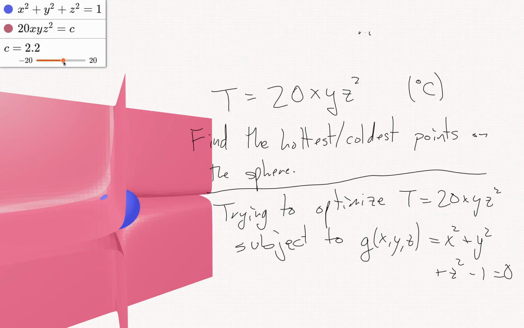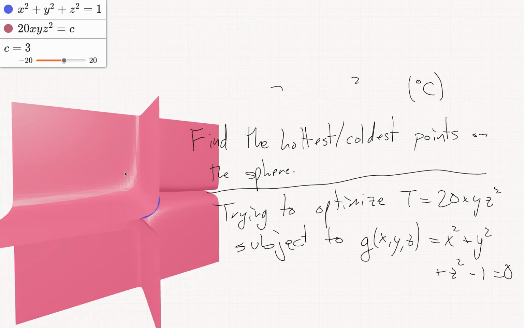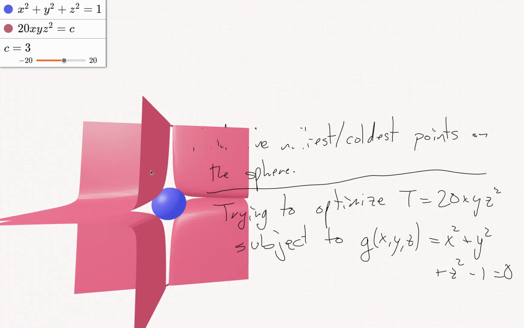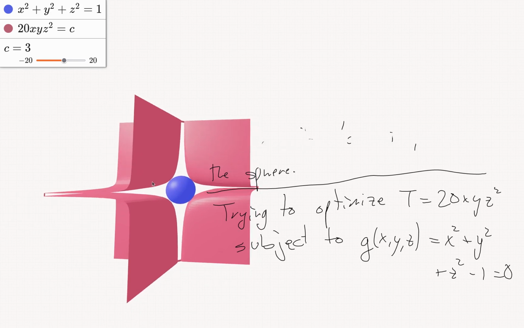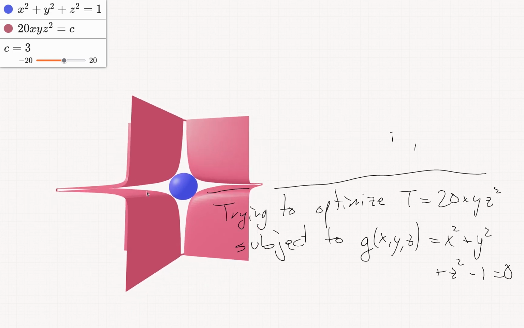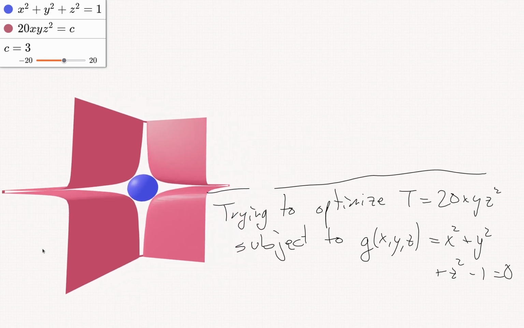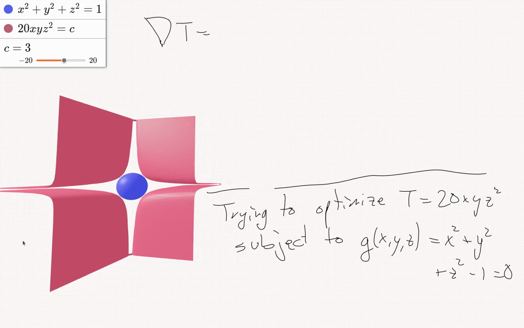Okay, so the first step is finding the gradients. So the gradient of T is 20yz squared i plus 20xz squared j plus 40xyz k.